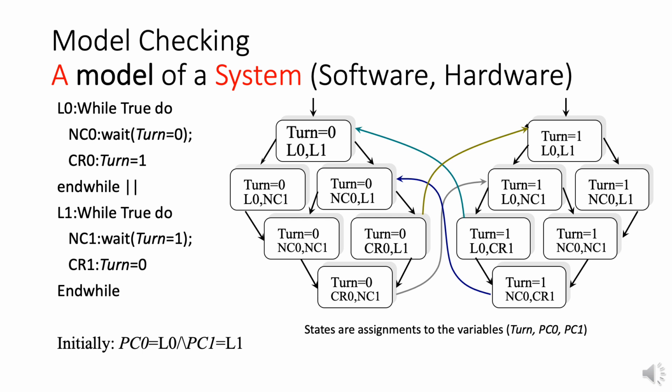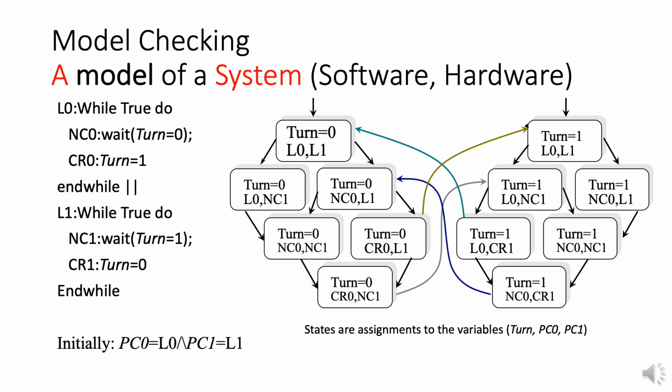So model checking is about verifying a system like this program against a specification, but already the name model checking suggests that what we verify is a model of the system.